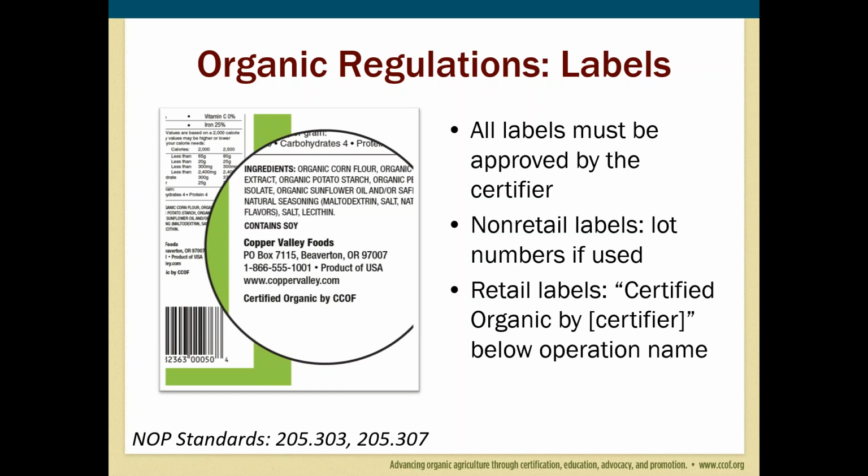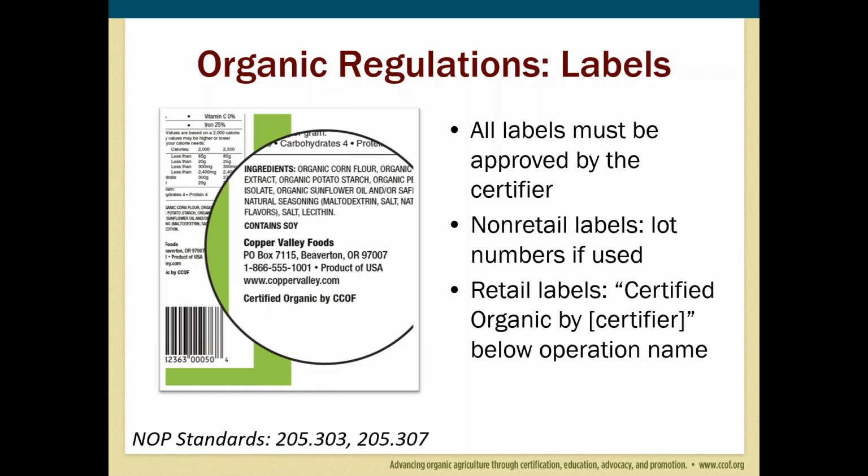When it comes to retail labels, which is anything the consumer is going to take home, there's a requirement to identify the certifier, and this is by far the most common place where label errors come up. The statement is "certified organic by," and then you name your certifier, or a phrase similar to that, and that needs to be located right below your operation name or contact information.